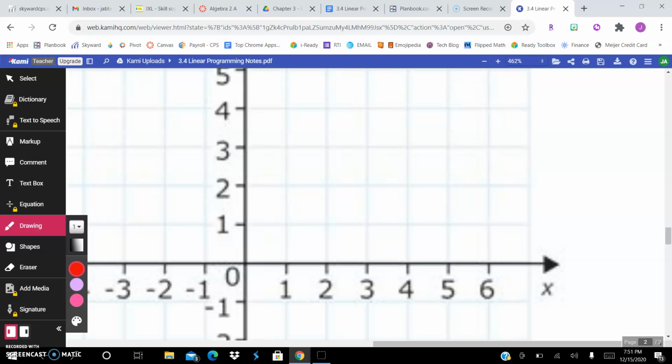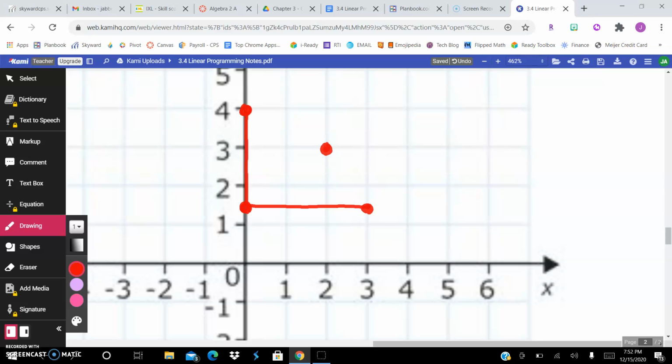So 1.5 up to 4 is going to be one side. And then it looks like it goes over to 3, 1.5, so about there. And then the other one is over 2, up 3.